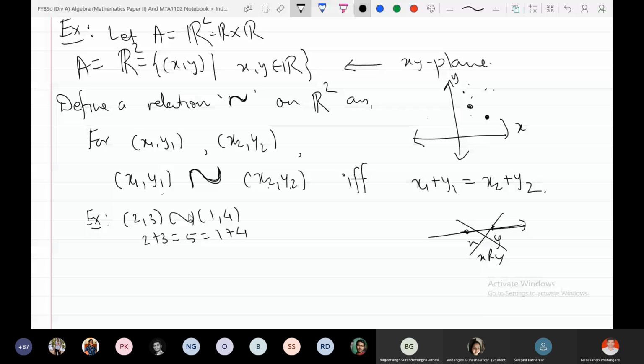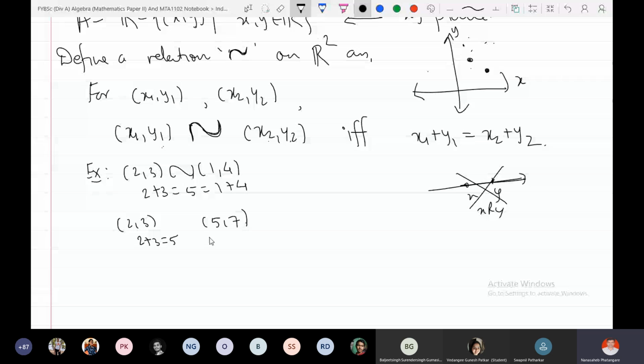Fine. Now, if I take (2, 3) and (5, 7), are these two points related? No, sir. Because 2 plus 3 is 5 and 5 plus 7 is 12. They are not equal. So these two are not related.